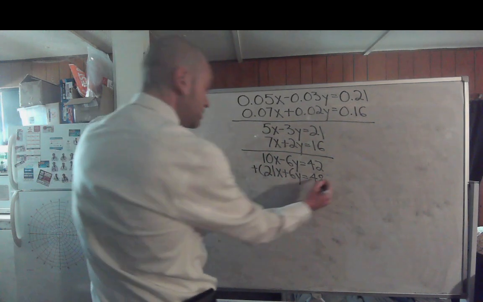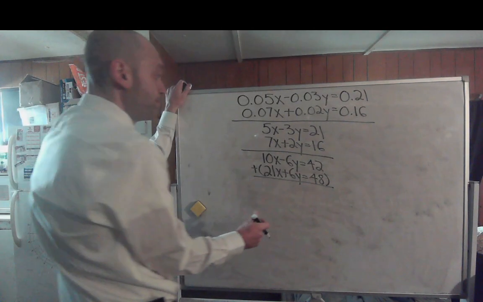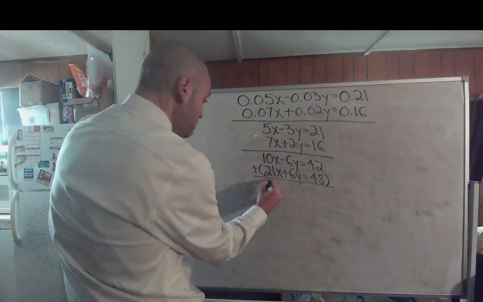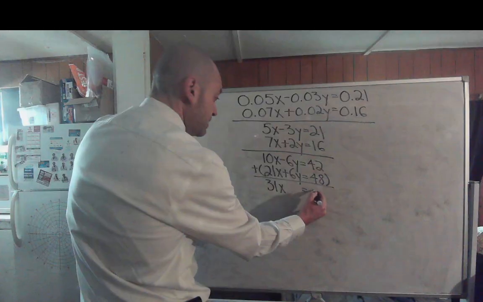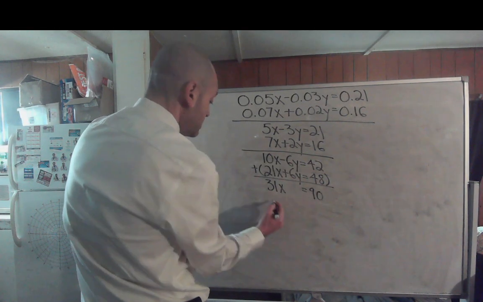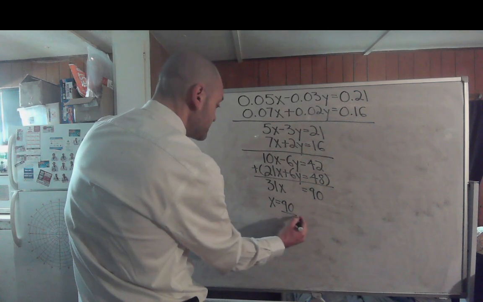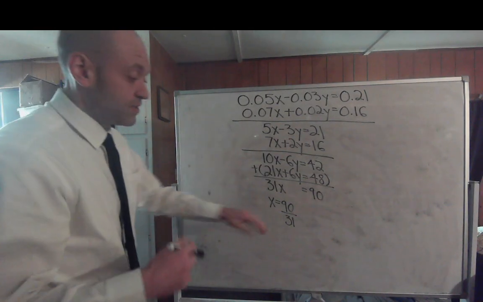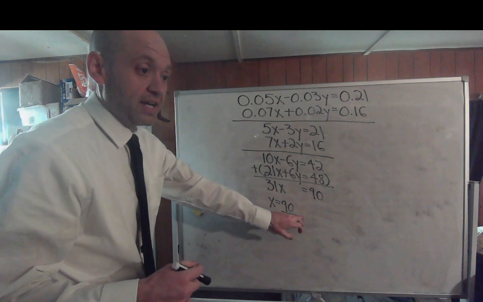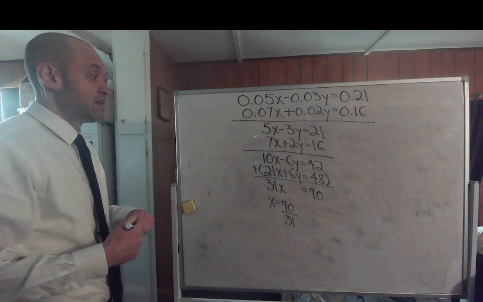You'll temporarily get rid of the y variable. So you would end up with 31x equals 90, which means x equals 90/31. That's not quite as nice. If it were 90/30, we would have an even 3, but it's 90/31 and 31 doesn't factor at all.